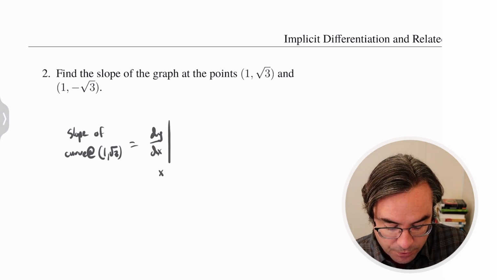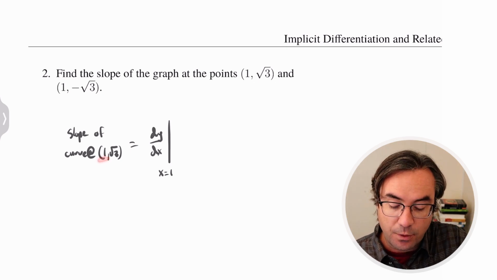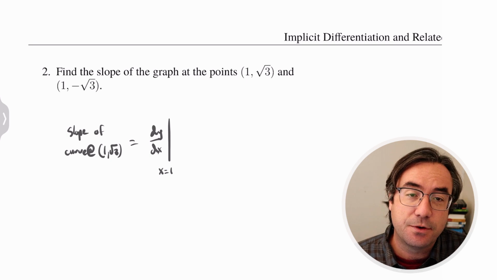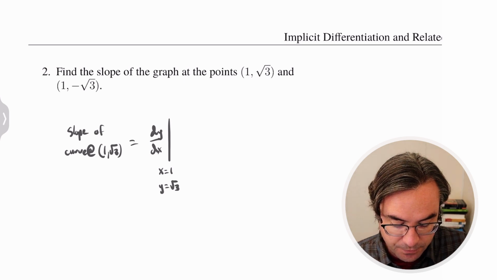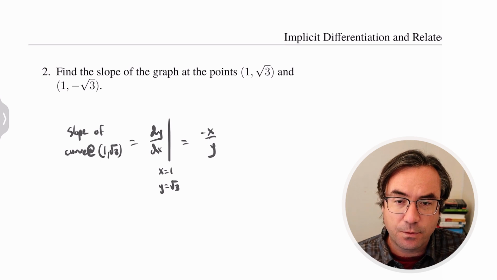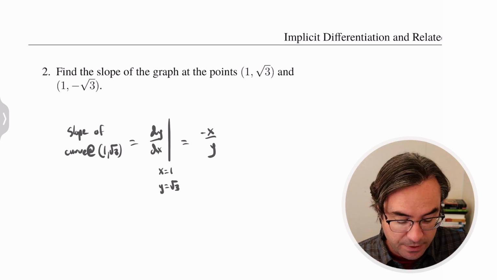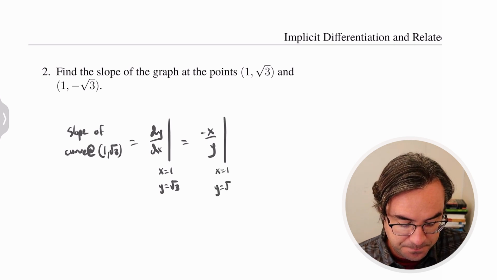But now we're going to evaluate it at x equals 1, the x coordinate of our point. And then we also have to plug in the y coordinate of our point, which is square root 3. What did we find? It was negative x over y. That was the formula that we found for our derivative. And we're going to plug in these x and y coordinates.